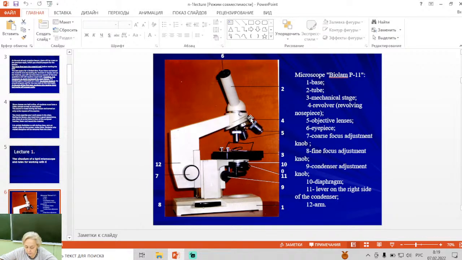So optical parts include the eyepiece and lens.